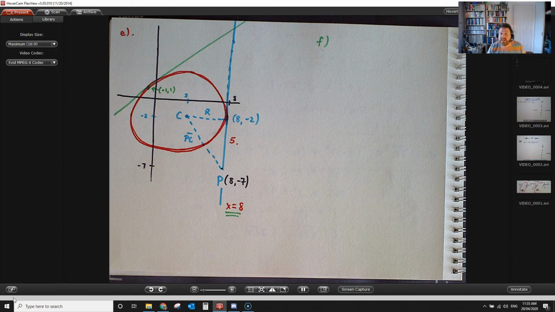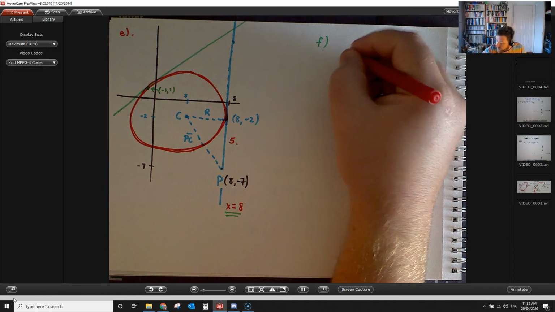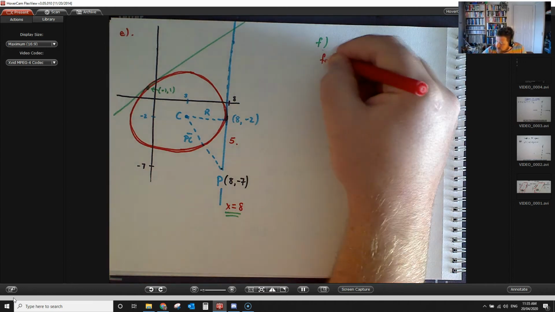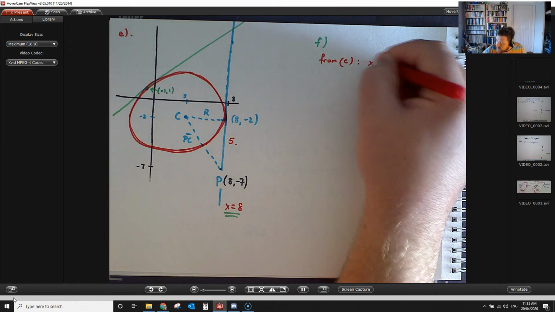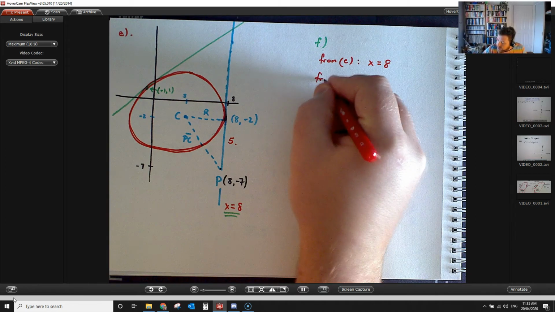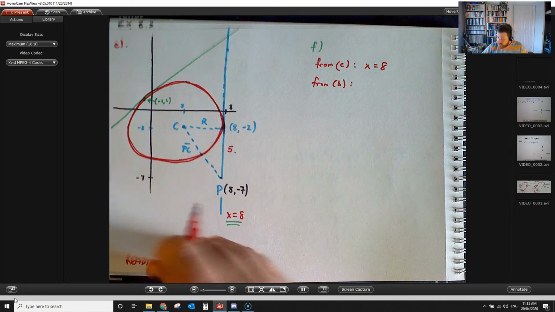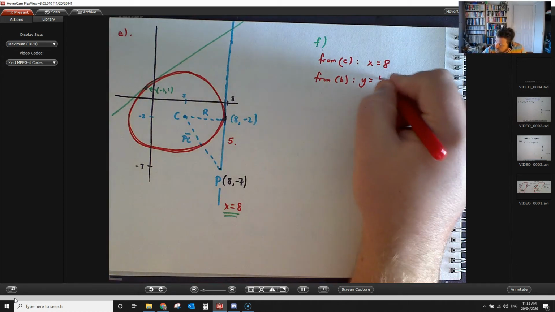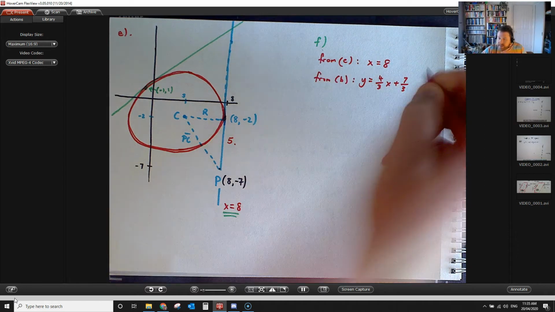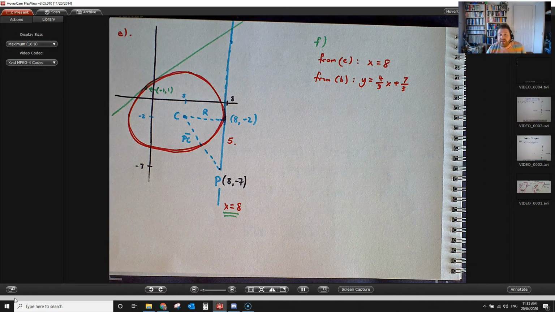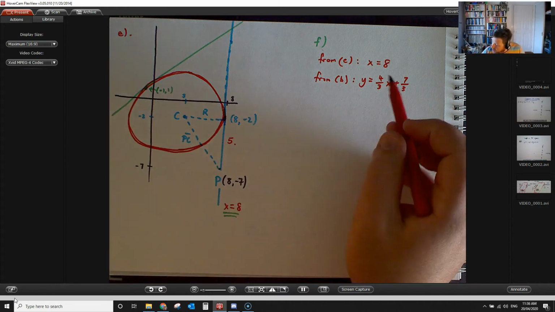This is just setting two lines equal to each other. So from E, we have x equals 8, and from B, we can go back and look on our previous pages, y equals 4/3 x plus 7/3, and we're just going to let these two things intersect, so we're going to sub one into the other.